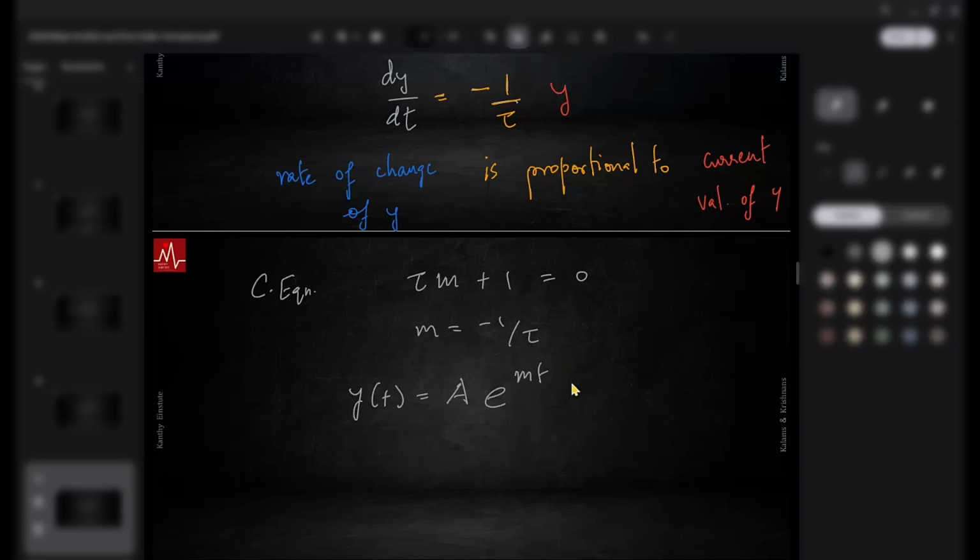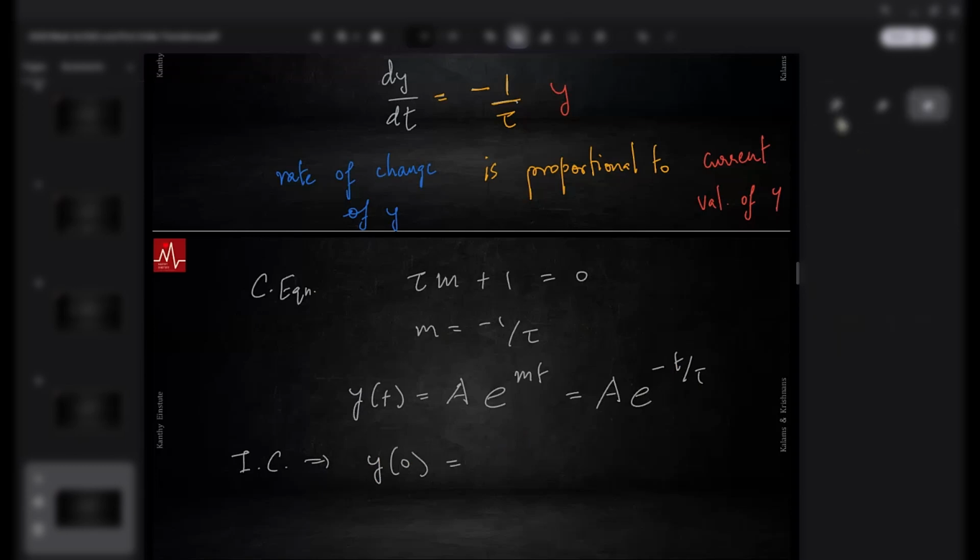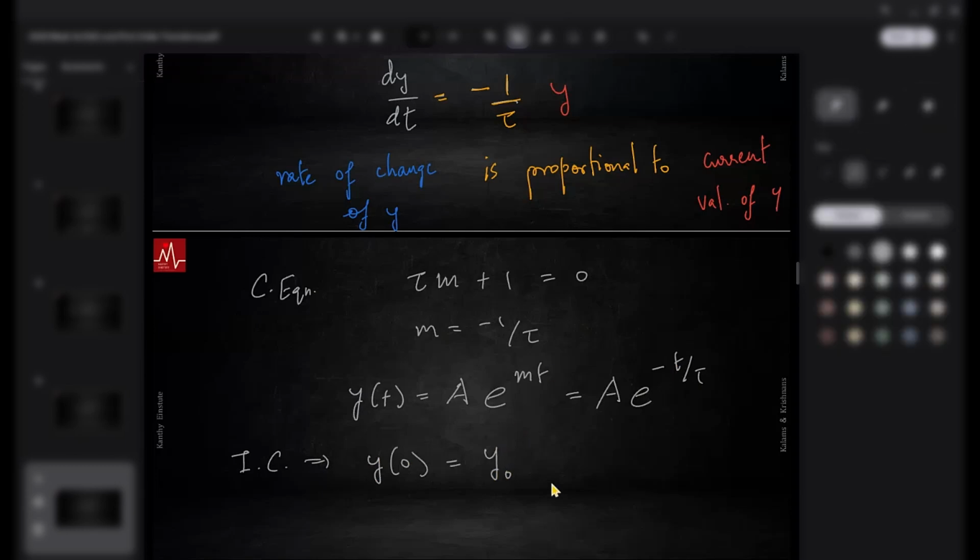So that gives you A e^(-t/tau). And then you also know that the initial condition shows up: y(0) equals, if you substitute 0, that equals A.